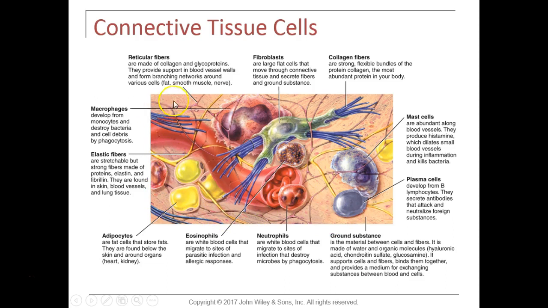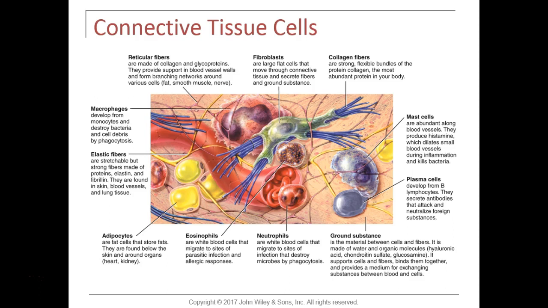The space is filled in with what is called a ground substance. There's different types of ground substances. The ground substance is involved in basically supporting the cells and fibers and binding everything together.